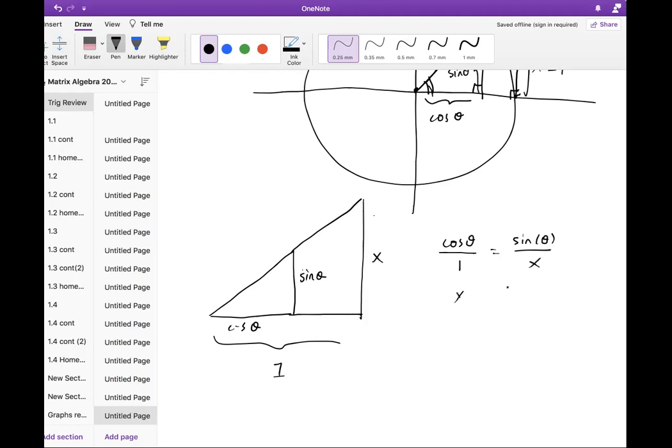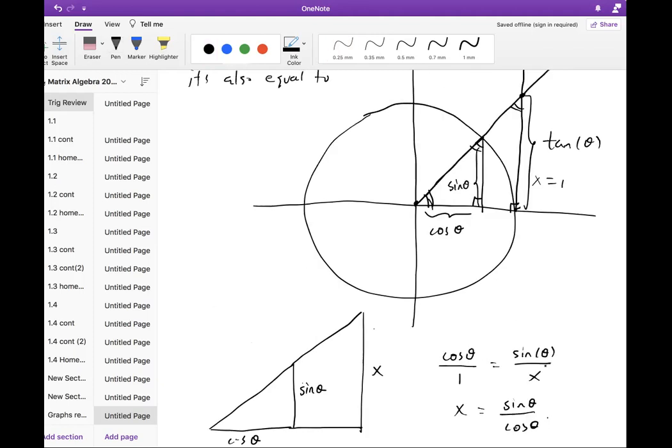So x is equal to sine over cosine. Okay, actually I like that better. So we say tangent theta is equal to sine over cosine.